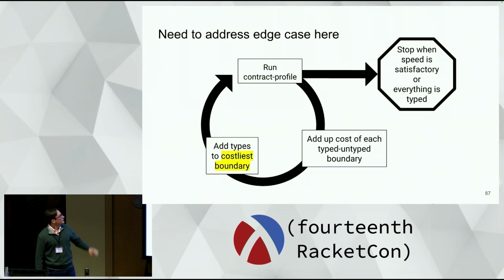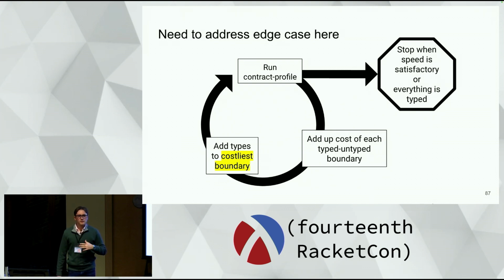And there's also this edge case here. I mentioned the costliest boundary, but the thing is, contract profile doesn't always have output that, for example, sometimes it will tell us that the boundary we really need to worry about is a boundary between one of the modules in our program and one of the modules in a library.